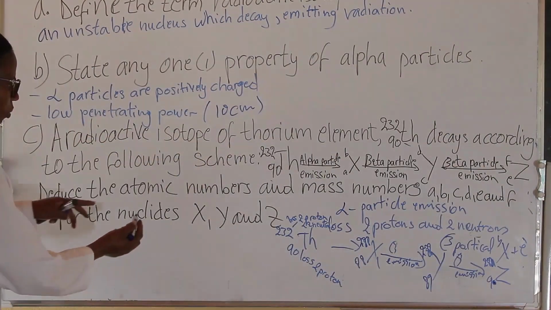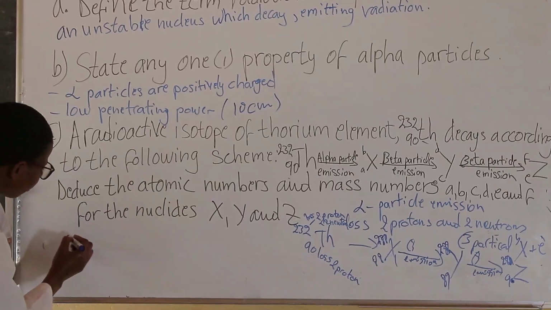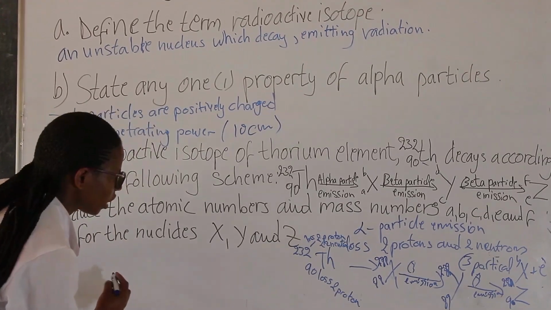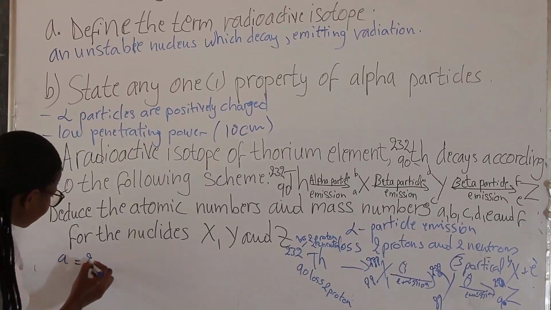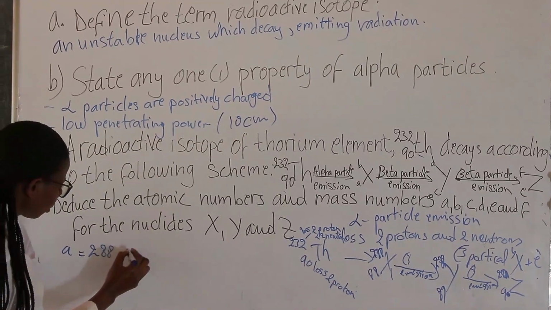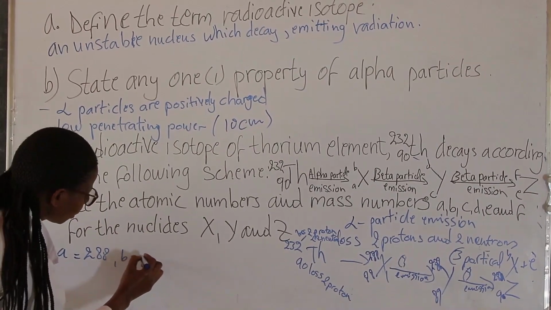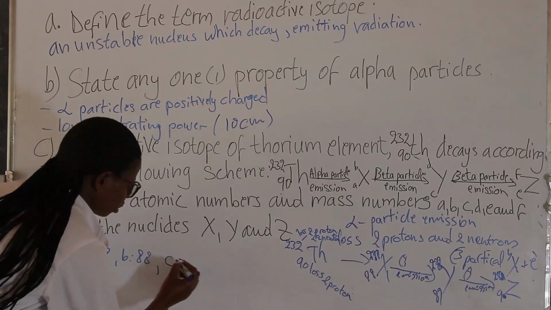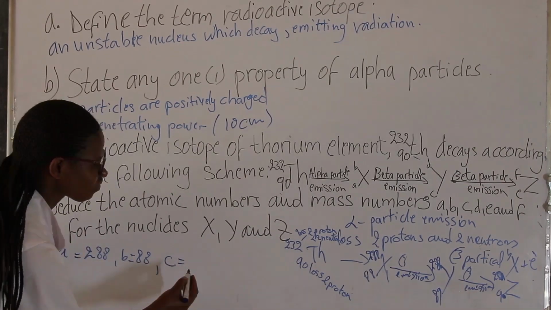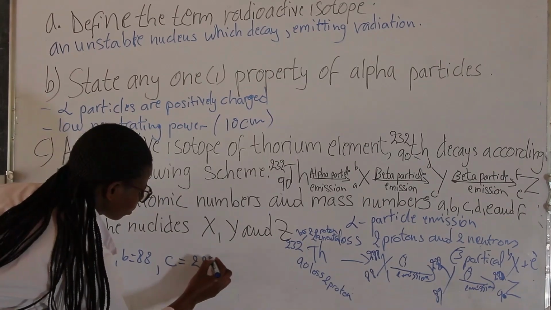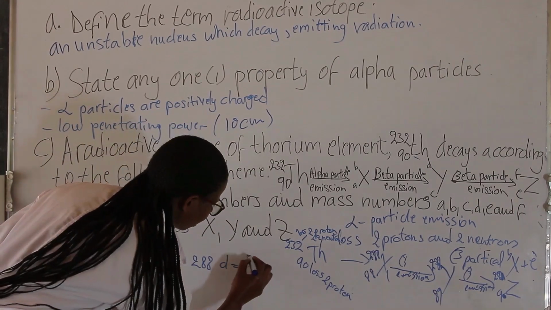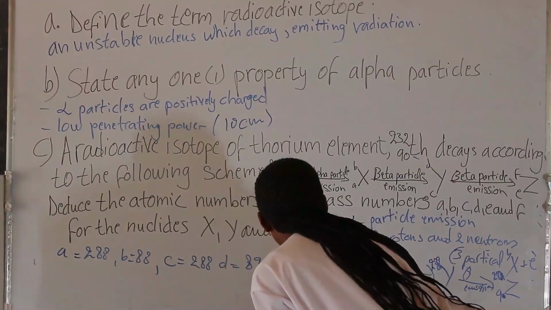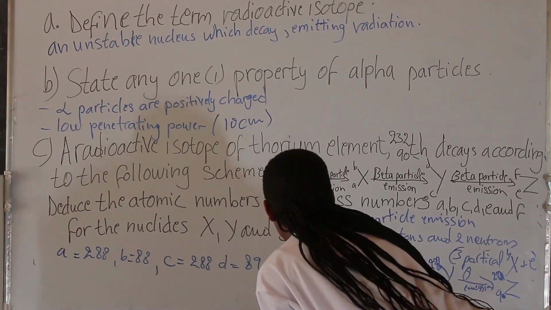This means that the atomic number of A equal 228, B equal 228, C equal to 88, D equal to 89 and E should be equal to 90.